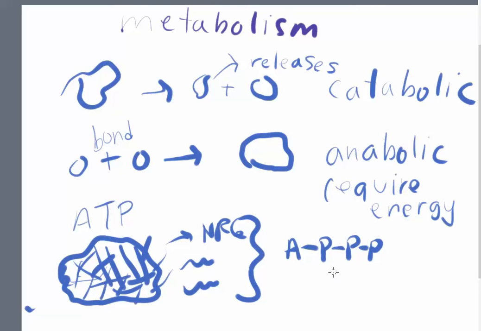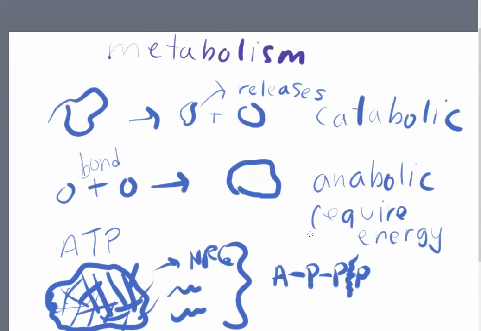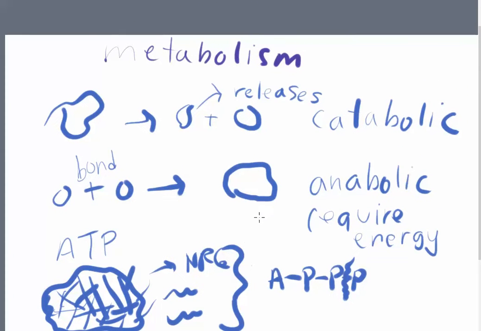And then when we need energy, we need to break a bond so that energy is released. What we do is we come up to our little ATP molecules that we made earlier when we ate, and we break that bond. So we take our ATP and reduce it down to ADP.